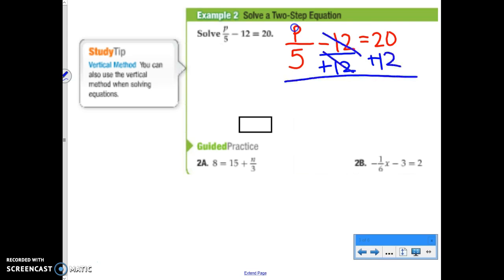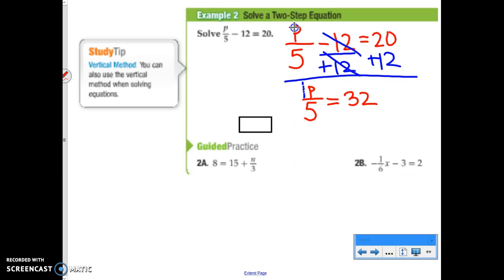And when I do that, these cancel out and create a 0, which leaves me with just p divided by 5 equals, and then 20 plus 12 more gives me 32. Now, remember that this coefficient right here is a coefficient of 1. I really have 1 p right there.